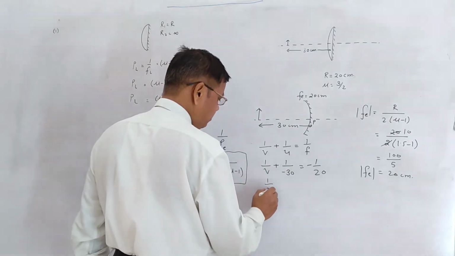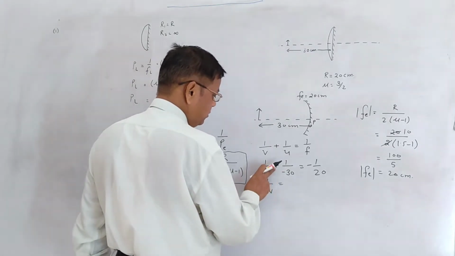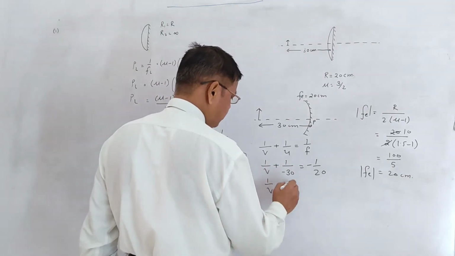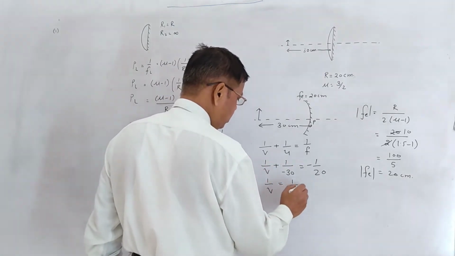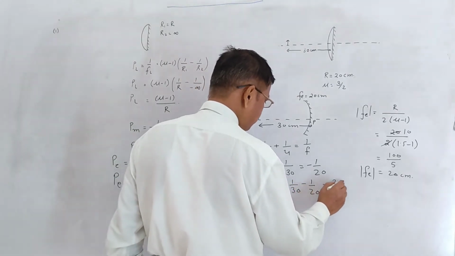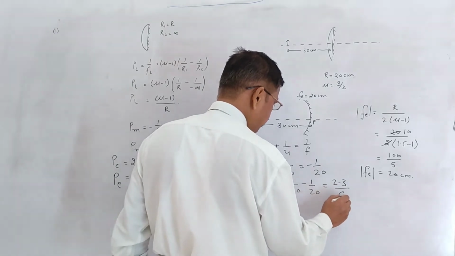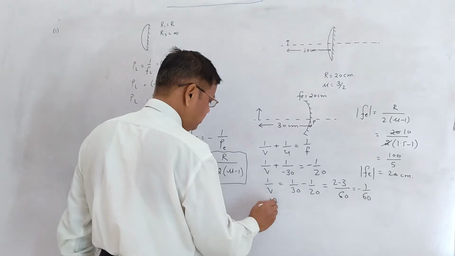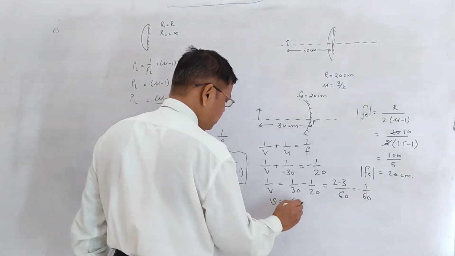So 1 upon V will be equal to, if you move this to this side it becomes positive, 1 upon 30 minus 1 upon 20, so it is (2 minus 3) upon 60, so it is minus 1 upon 60. So V is minus 60 centimeter.